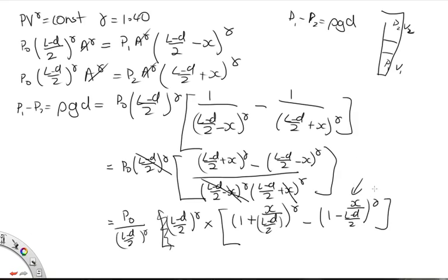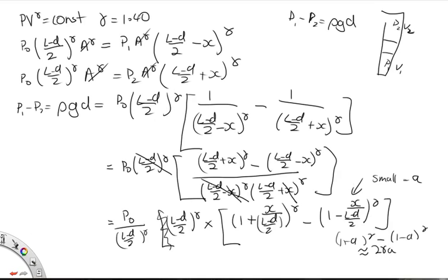Now this is small, which tells us that we can actually do a Taylor series expansion of this thing. So if we let this equal, say, A, then we've got (1 plus A) to the gamma minus (1 minus A) to the gamma. And when we do a Taylor series expansion of this for A much less than 1, we get that this is approximately equal to 2 gamma A.